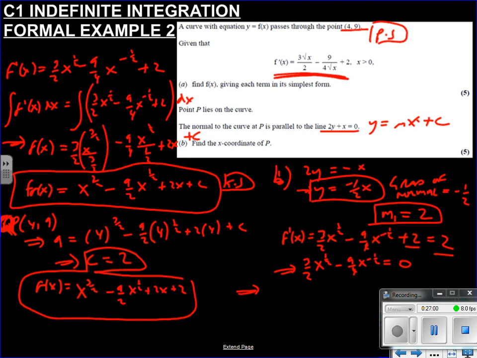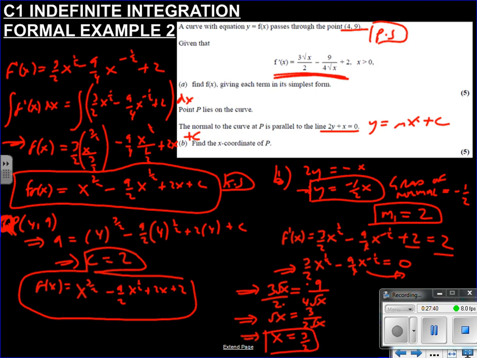Looks nasty, but if we start manipulating this thing, so this is 3 root x over 2 equals 9 over 4 root x, isn't it? Just move that over and sorted my indices out. So if we move all the numbers over, so times by 2, divide by 3, we get root x equals, times by 2, that's 9 over 2, divide by 3, so that's 3 over 2 root x. So if I times that by root x, I get x equals 3 over 2. So x equals 3 over 2 at P.